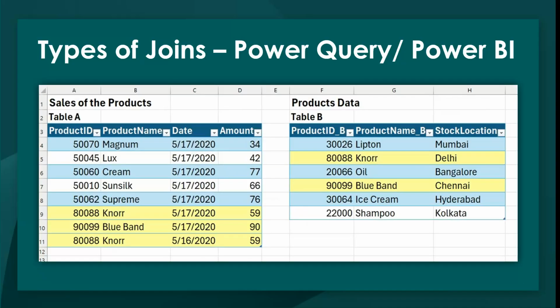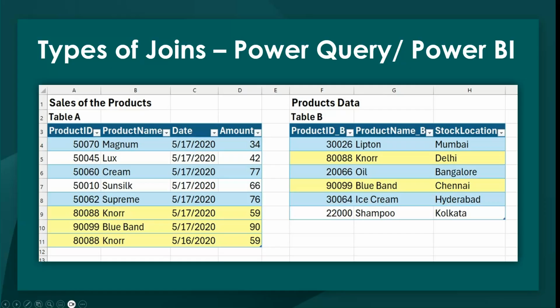Now let us come to the example. In the very first example we have two tables. The first table is on the left side, which reflects the sales of X, and it has 4 different columns. The first column is product ID, the second column is product name, then we have some dates and the respective amounts. This table is known as a fact table.